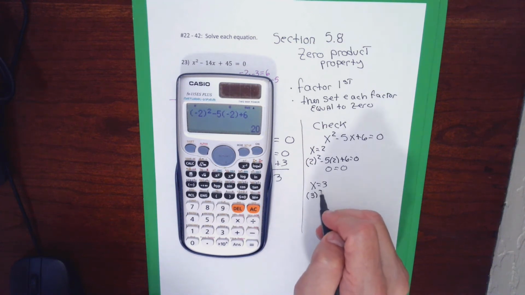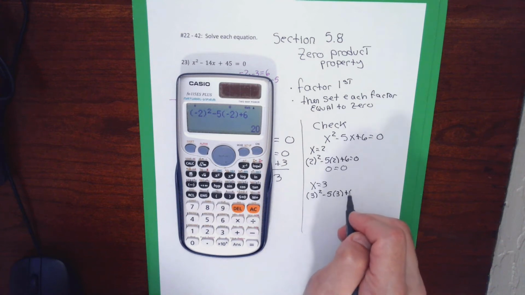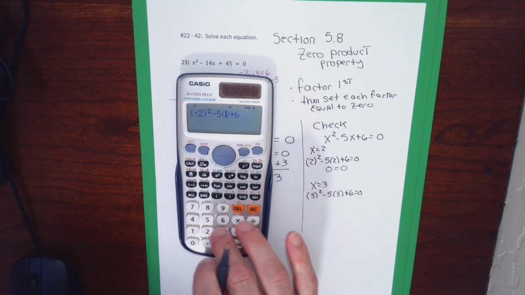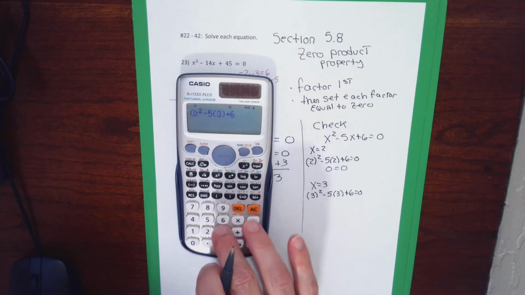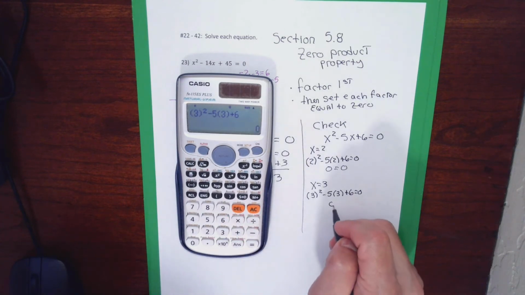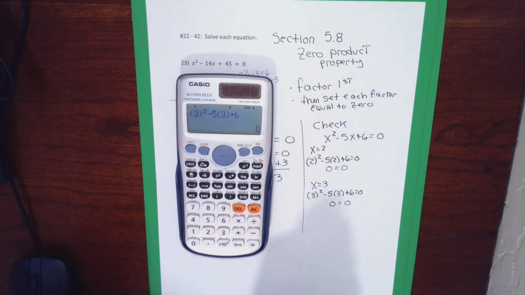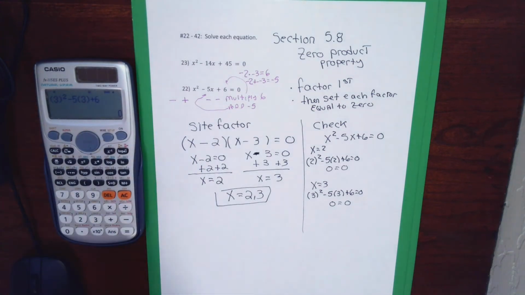Next, I'm going to check 3 for x. And just use this mouse feature and the delete key to speed check. Just like when I plug 2 in, I get 0 equal to 0 when I plug 3 in, so I know that's a good solution as well.